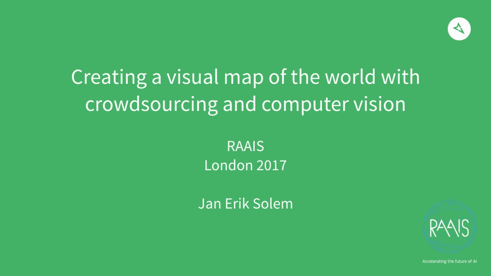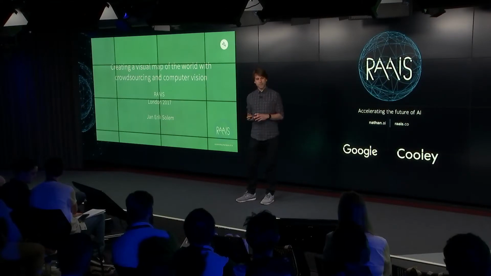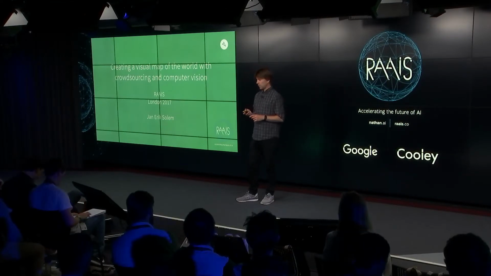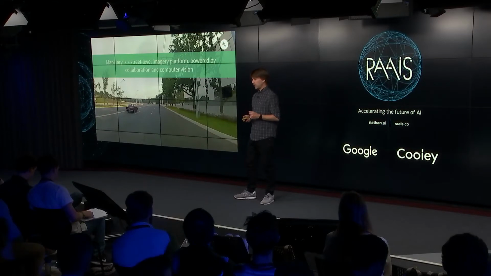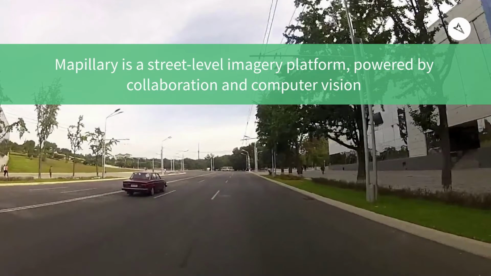All right, so I'm going to talk a little bit about scalably creating maps. I'm from Mapillary, and Mapillary is a street imagery platform powered by collaboration and computer vision. The collaboration part means anyone can contribute.